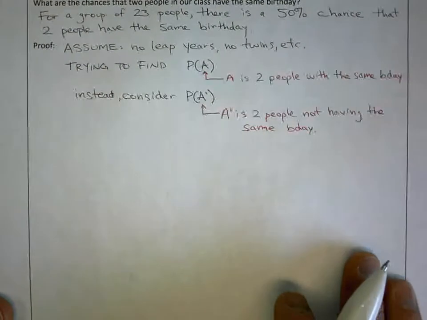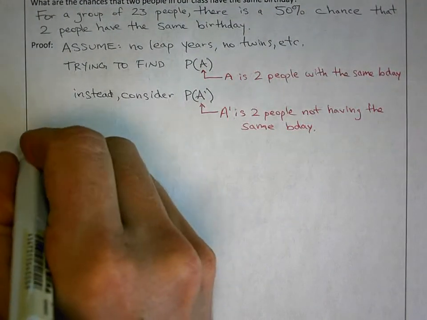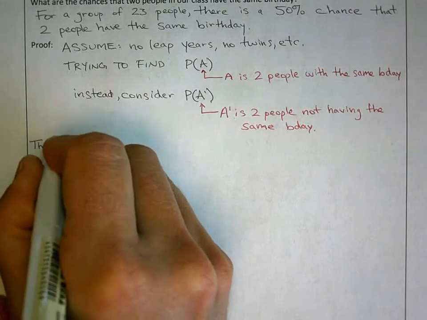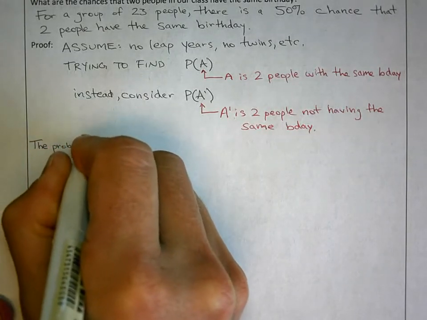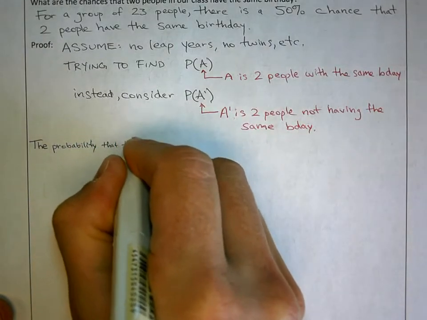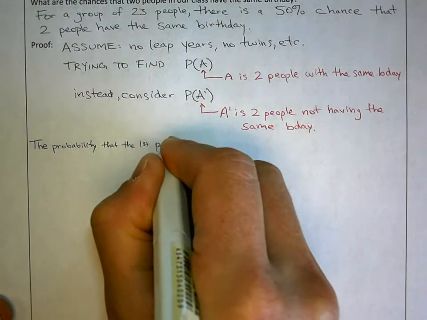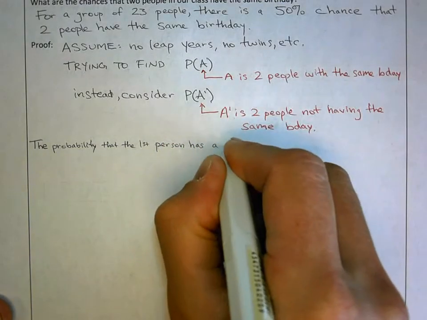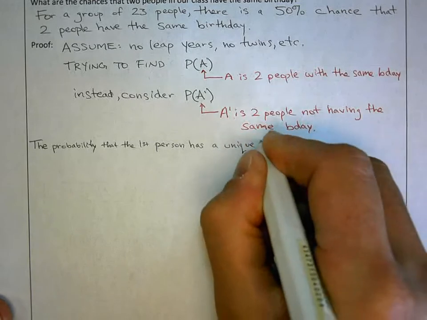Okay, so let's start by going around the room. Let's start with the first person in the room. What's the probability that the first person in the class has a unique birthday?